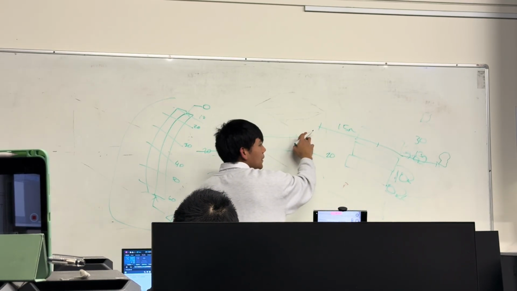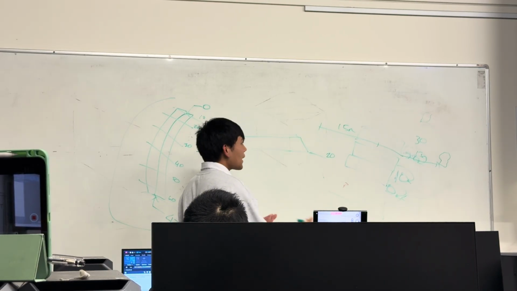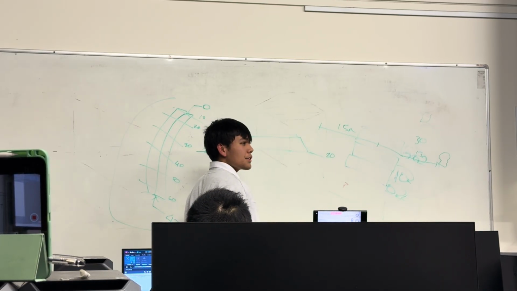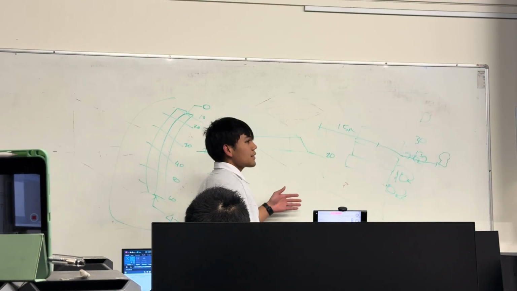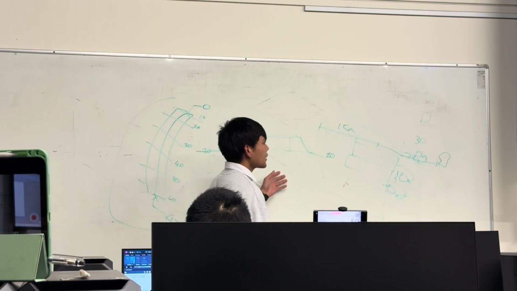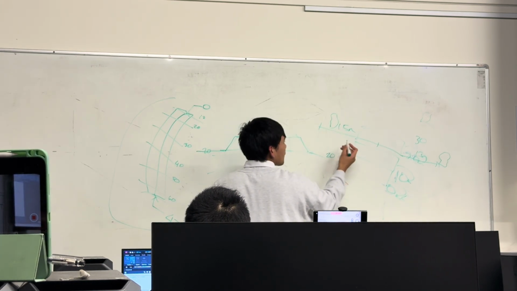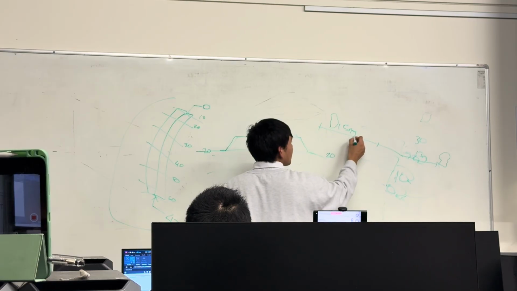Anything from the left side, 15 meters, anything on the right side, 15 meters, I want you guys to include. Anything past that, I don't need you to include. If you include it, that's fine, and if you don't include it, that's fine. But if it's within it, I have to see it. For example, there's a little house here or whatever.